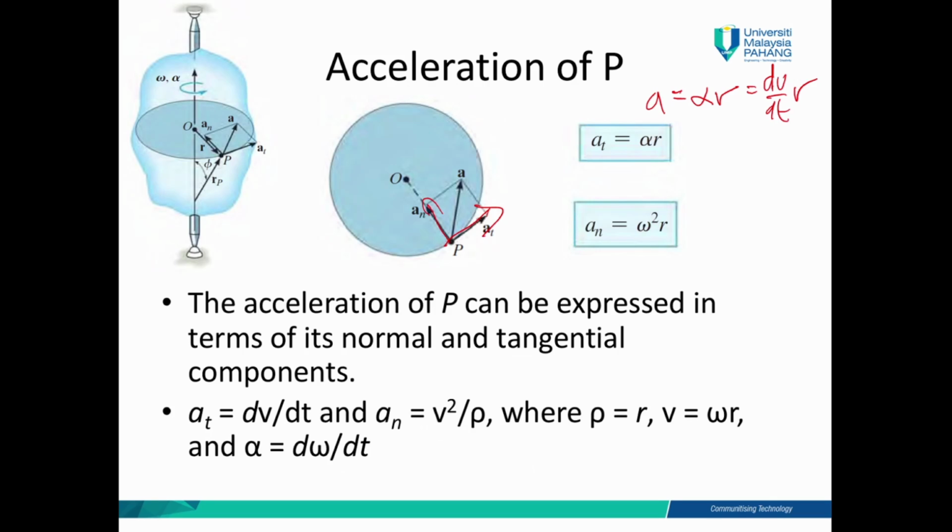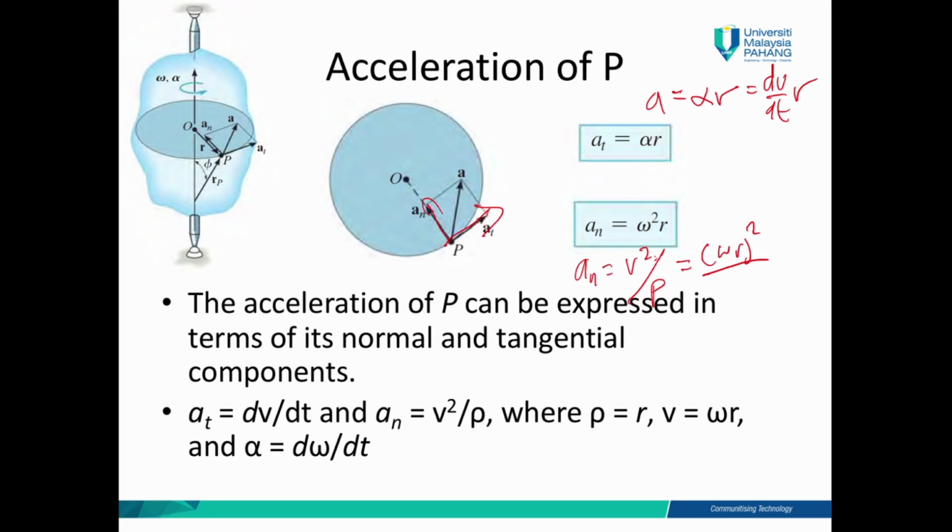Why? This is because, as discussed in chapter 2, a_n is equal to v to the power of 2 divided by rho. And in this case, we know that v is equal to omega r. So (omega r) to the power of 2 divided by rho.